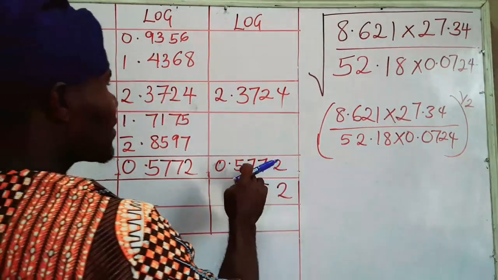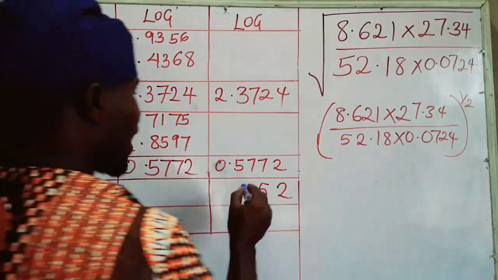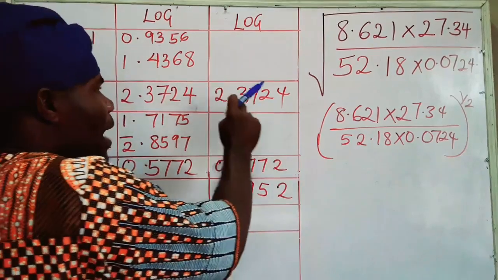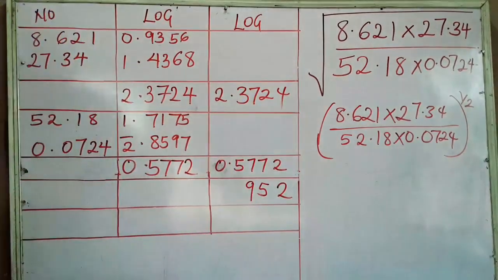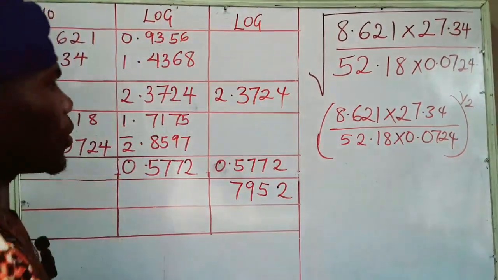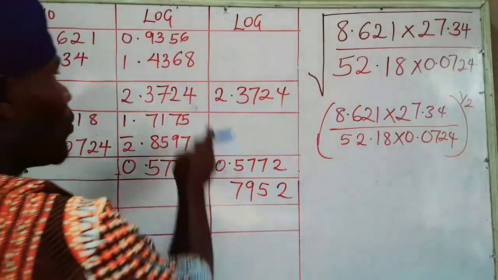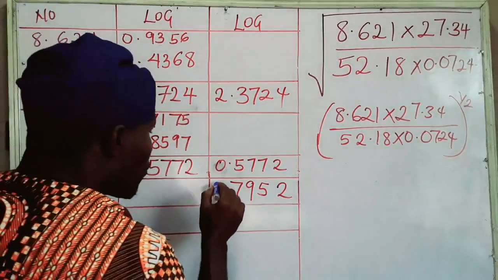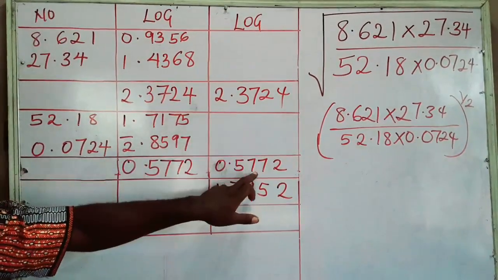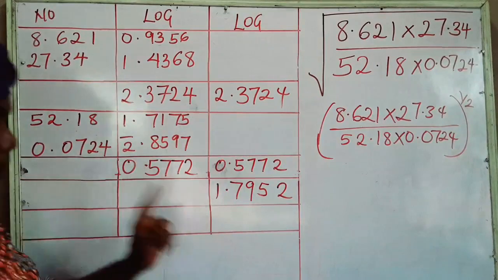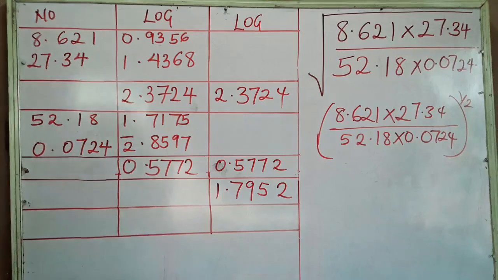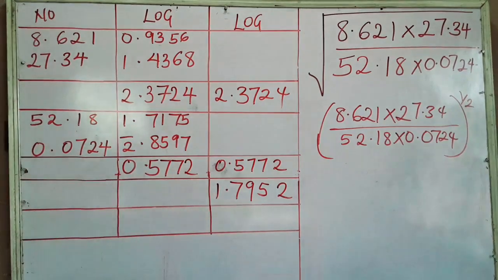So 16 minus 7 will surely give us 9. Here, it now remains 2. You borrow 1 from here to meet the 2, it gives us 12. So 12 minus 5 gives us 7. So now remain 1, so we have 1 point. So the subtraction of the denominator from the numerator gives us positive 1.7952.